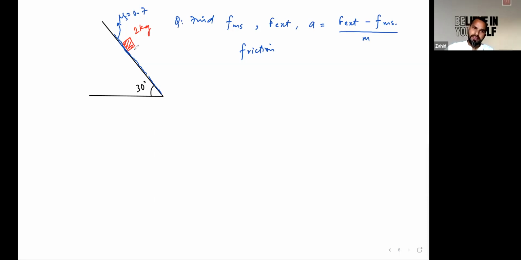F external would be the force along this direction, which will be a component of mg. Just try to simplify.